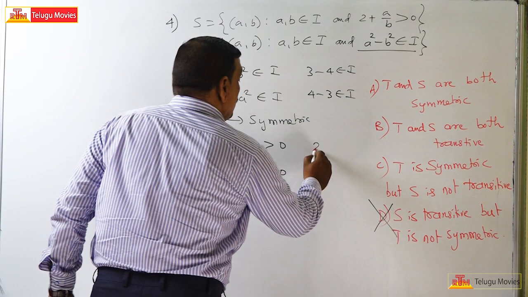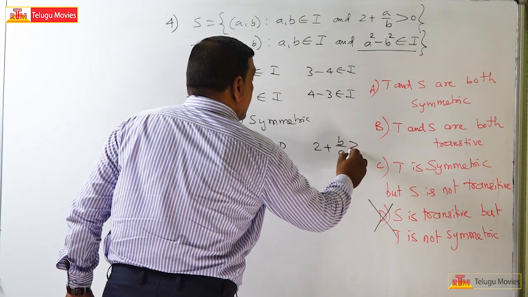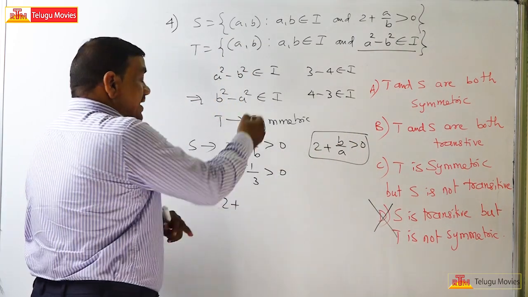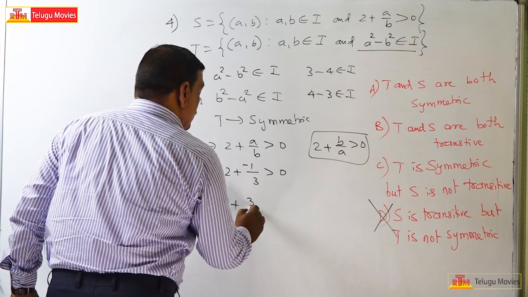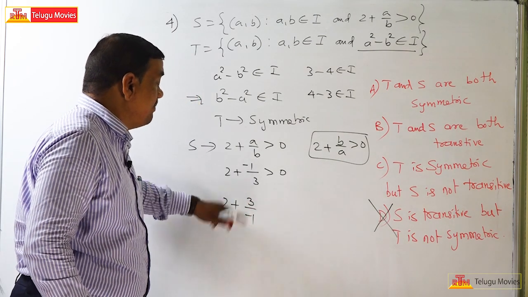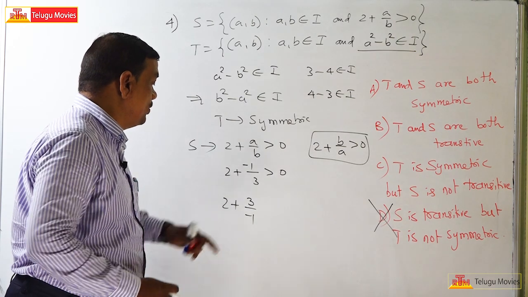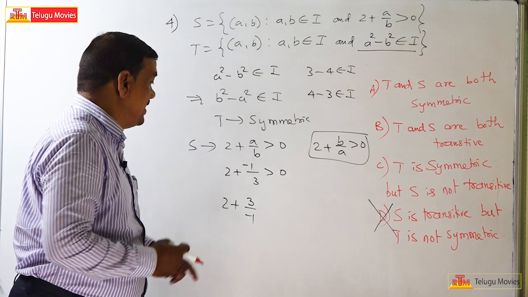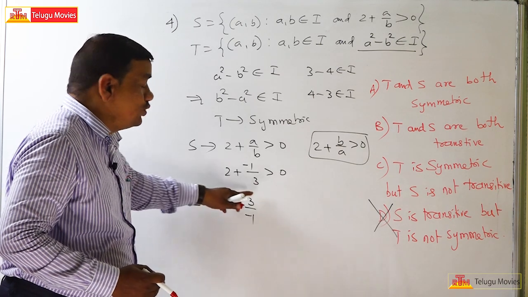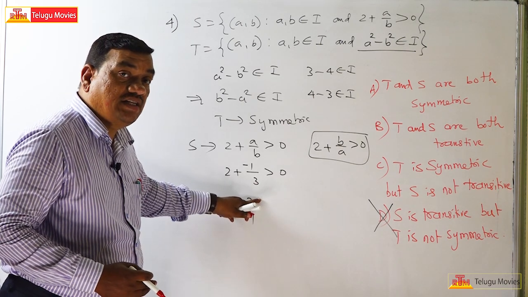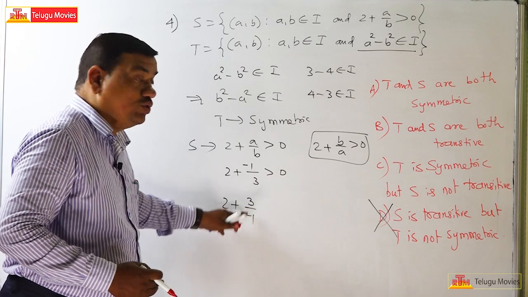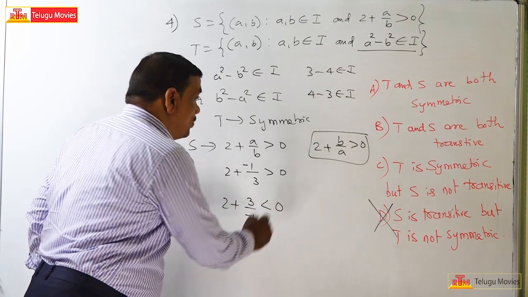But 2 plus b by a, is it greater than 0? Let us check here. Make it upside down, so that is equal to 2 plus 3 by minus 1. Let us check whether it is greater than 0. So here b by a is 3 by minus 1, that is minus 3, so 2 minus 3, which is less than 0.